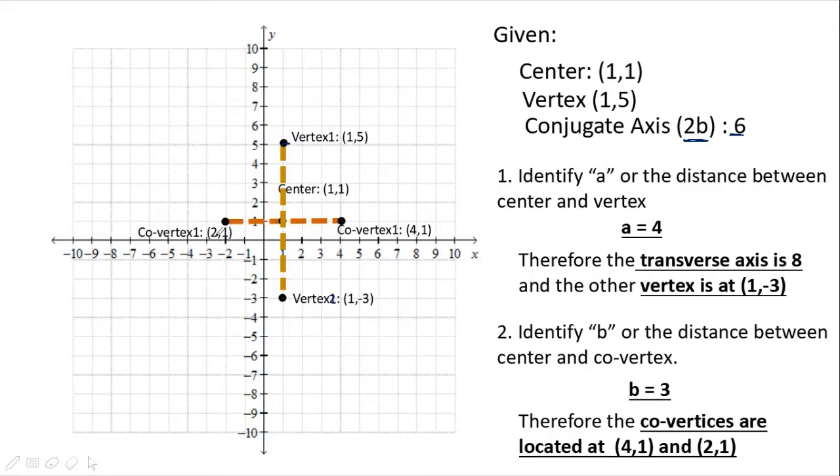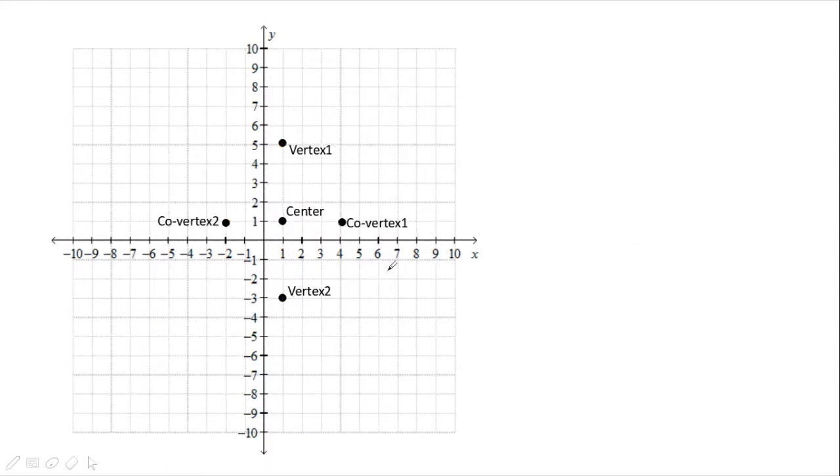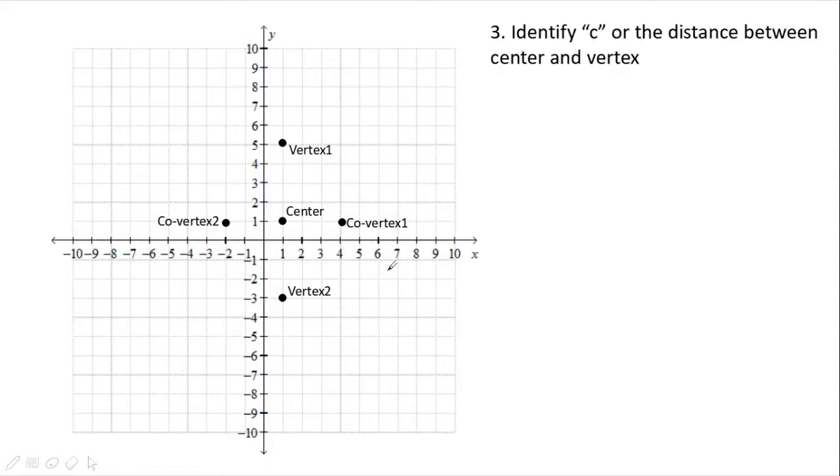Sorry, we have a typographical error here. So this is negative 2, then 1. Then the next covertex is 4, 1. Okay? Now let's proceed to our c. We already know the value of a and the value of b.